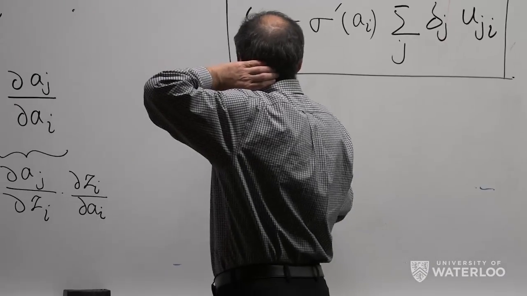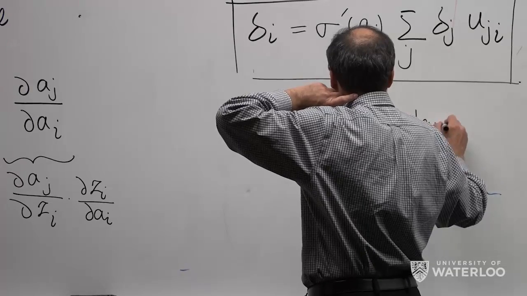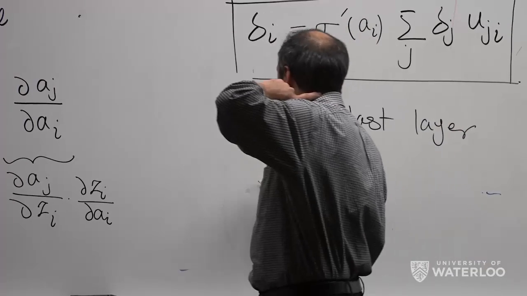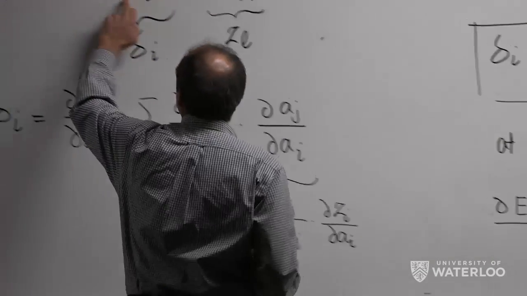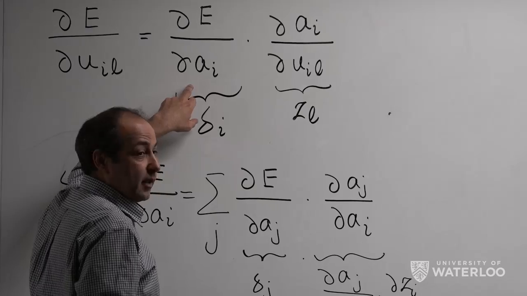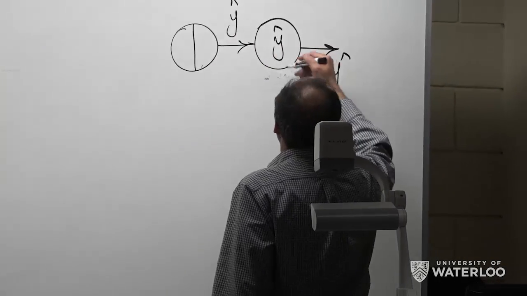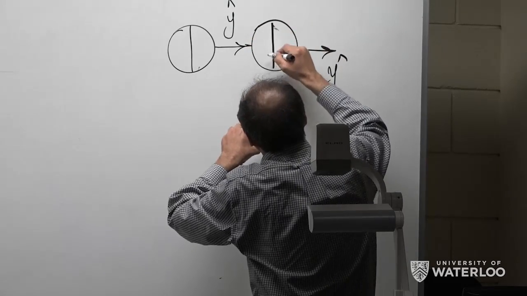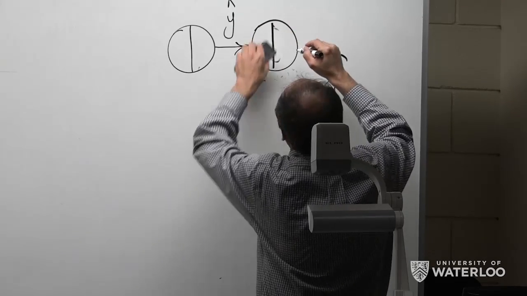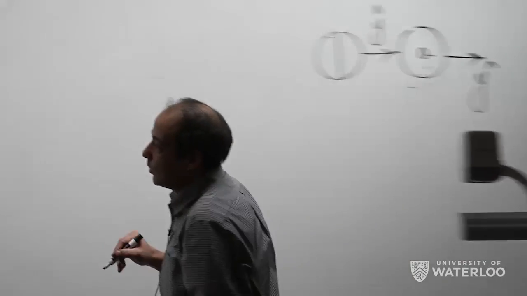So at the last layer, I would like to take derivative of E. By definition, delta is derivative of E with respect to A. There is no nonlinearity here, so it is A, which is basically the output.